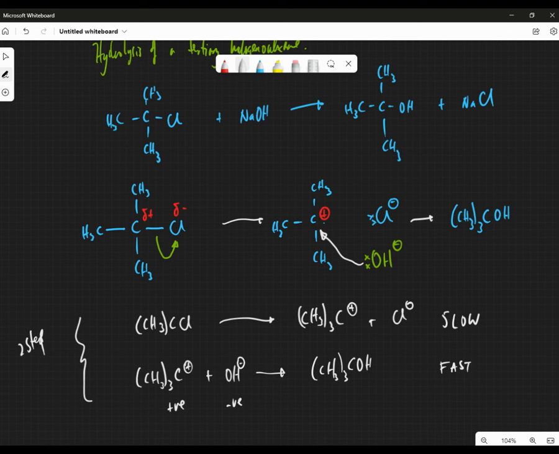And it's the slow one that determines the rate of reaction. Because, believe it or not, however quick the quick one is, things will only take as long as it takes for the slow one to happen. If you think of a race, 10 people in a race, the race starts and the race finishes. When does the race finish? The race finishes when the last person crosses the line.